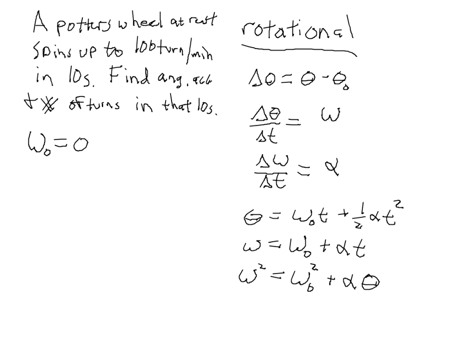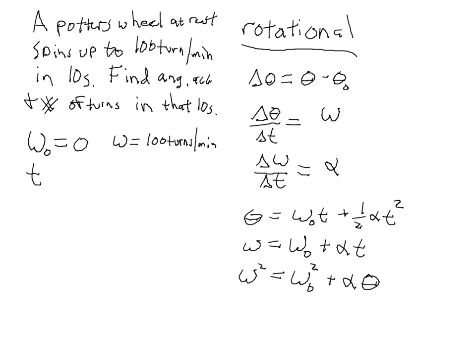Okay, it spins up to a rotational speed of 100 turns per minute. Well, that's its final angular speed, so we will say that omega equals 100 turns per minute in 10 seconds.